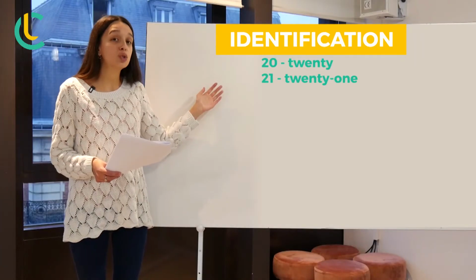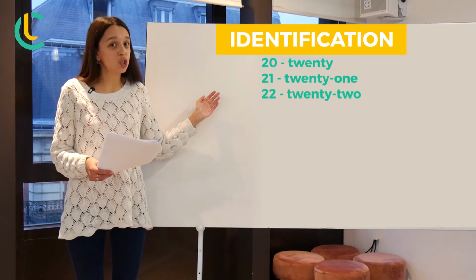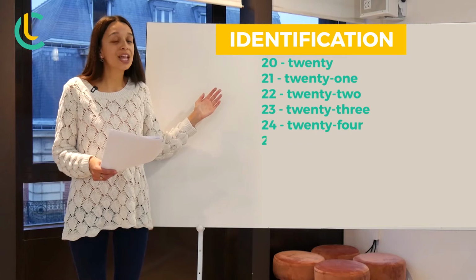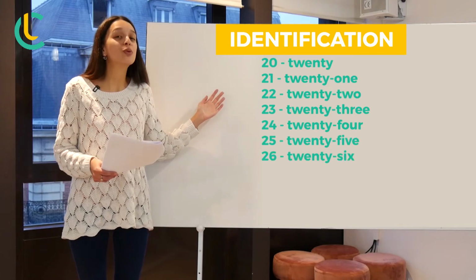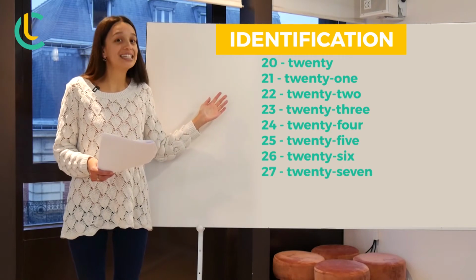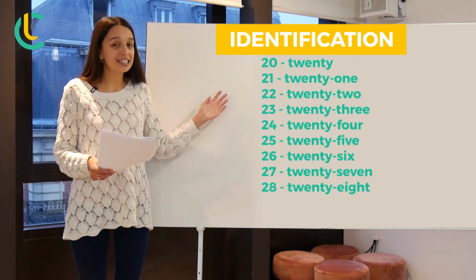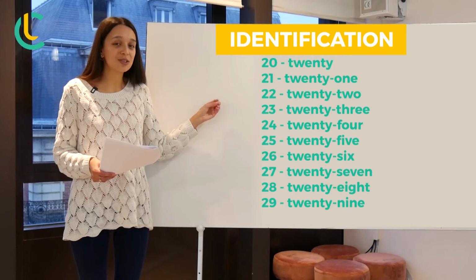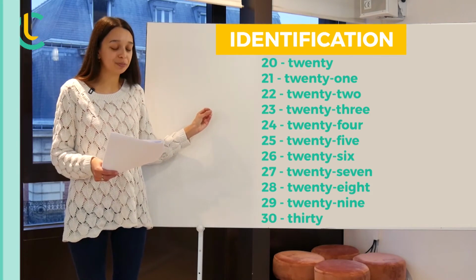So after this, with 20, what you do is you take the first 9 numbers and you add them onto 20. So we have 21, 22, 23, 24, 25, 26, 27, 28, 29, and after that we have 30.